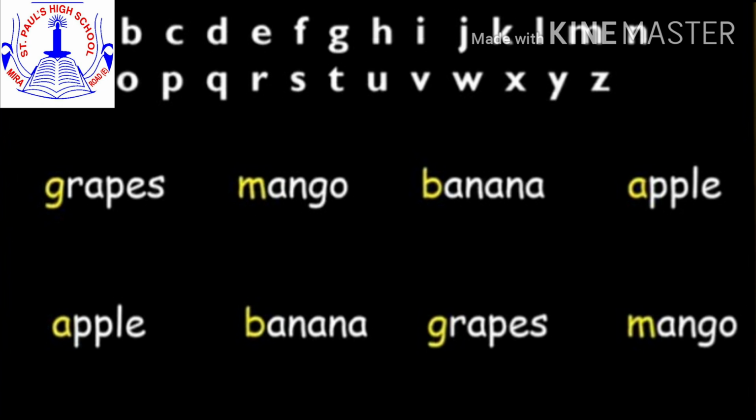Yes, we can see there is apple. So the first word will be apple. Then comes B. Any word starting with B? Yes, we have banana. So we are going to write banana next.